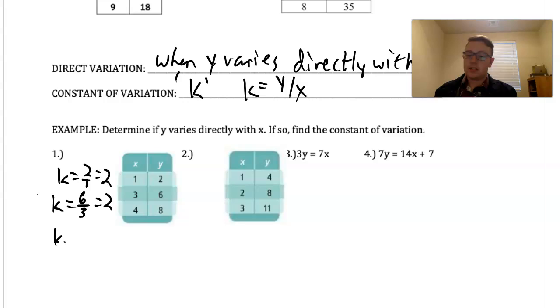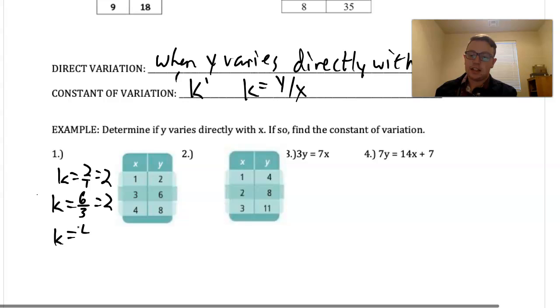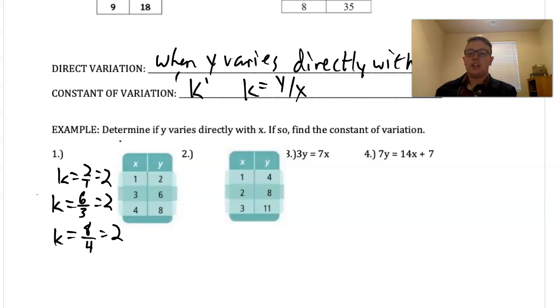And for this last one, it's 8 over 4, which is also 2. So each of these are the same, meaning that our constant is the same. So this is constant variation, and it takes the form y is equal to 2x.